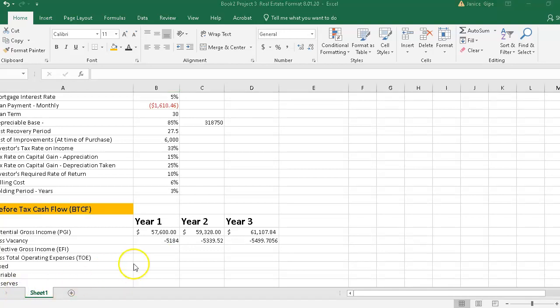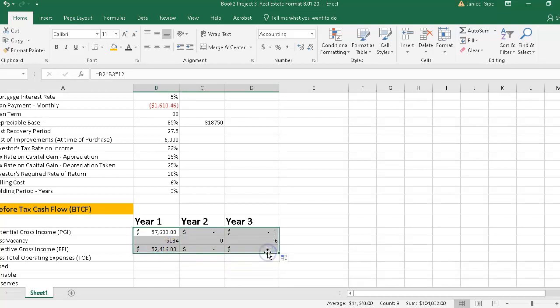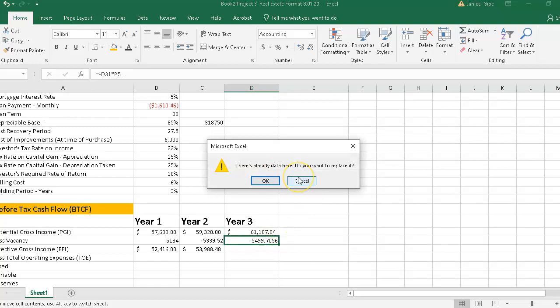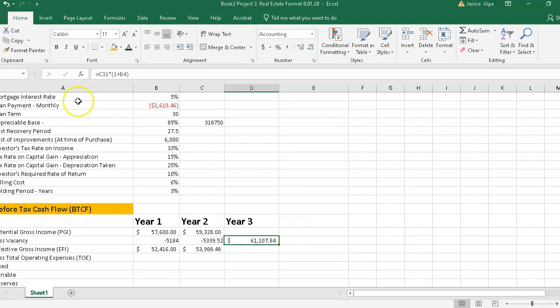To get the effective gross income, you're going to take these two numbers and sum those, and then do the same with these numbers as well. Okay, let's go back.